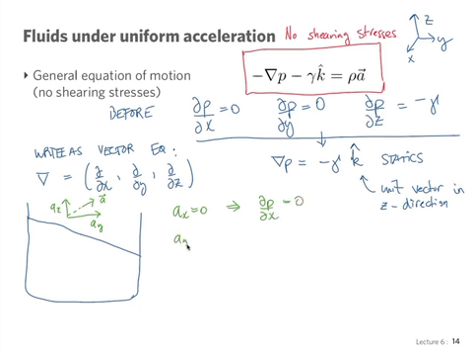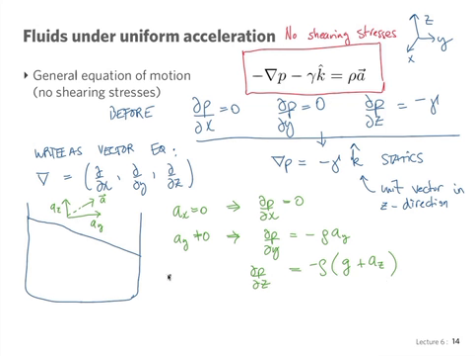And a_y is different than 0, a given acceleration, so we have dP/dy equal to minus rho times the acceleration in the direction of y. And similarly dP/dz, but in the z direction we have in addition gravity, so minus rho times g plus a_z.